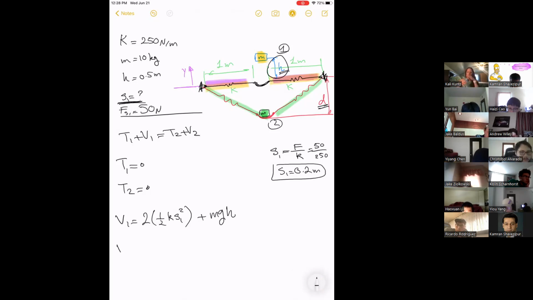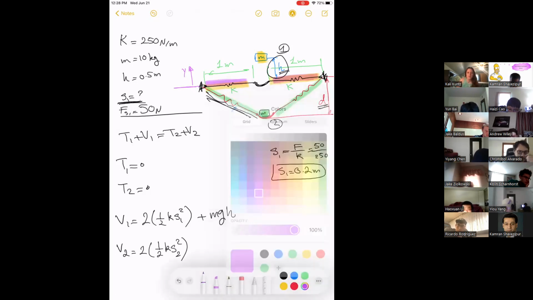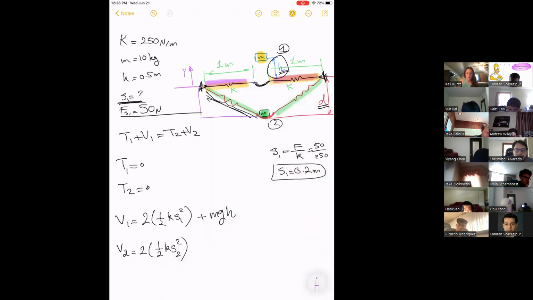Now we go to V2. Springs are even stretched more, both of them here, as you can see. So we're going to get 2 times half K S2 squared. How about Y2? The Y position for this guy, this is like Y2.